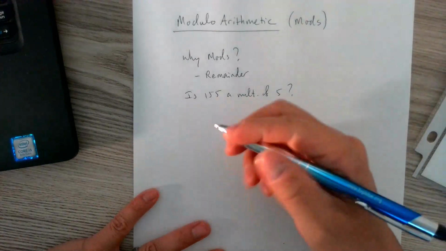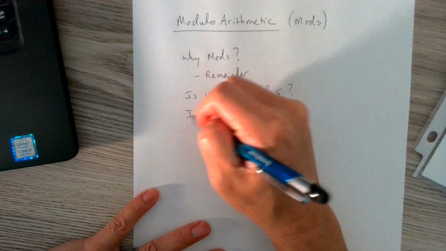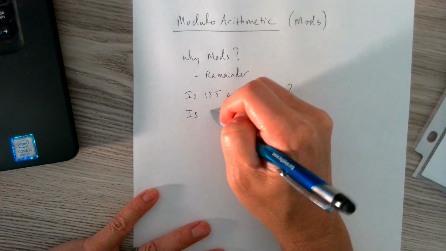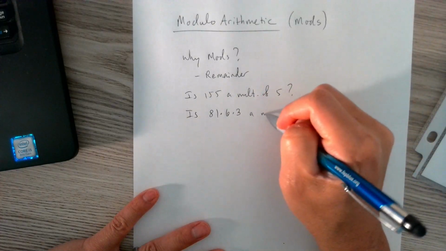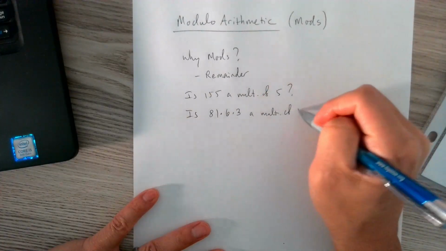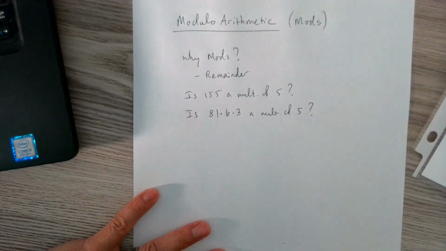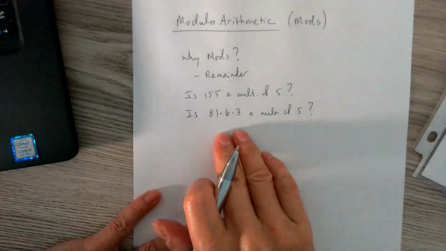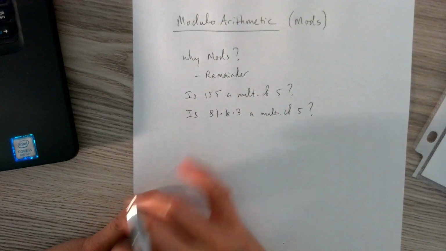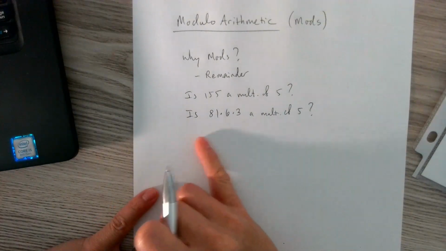But what if I said, is 81 times 6 times 3 a multiple of 5? Okay, you might say yes after a few seconds, but it'll take a little bit longer. In mods, it would take about the same amount of time to answer this question as it would take that question. Plus, mods can also answer the following question.